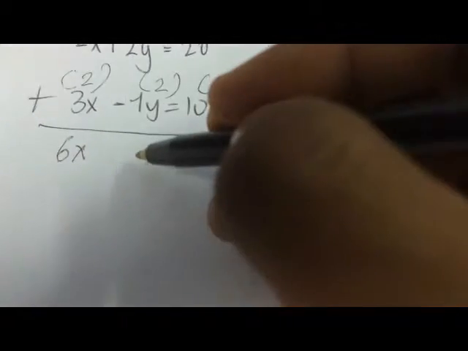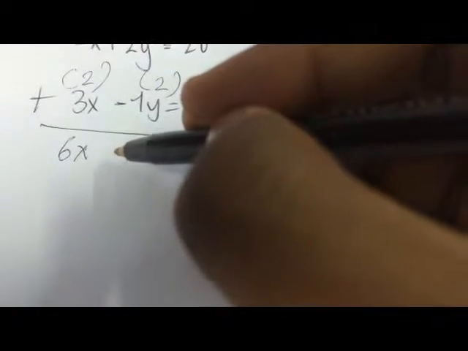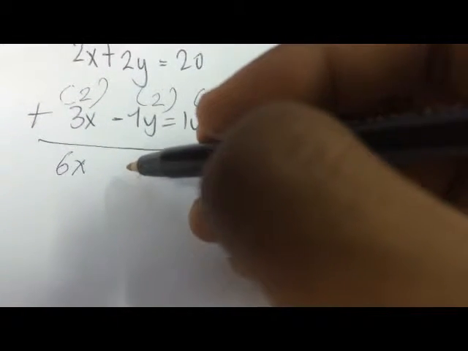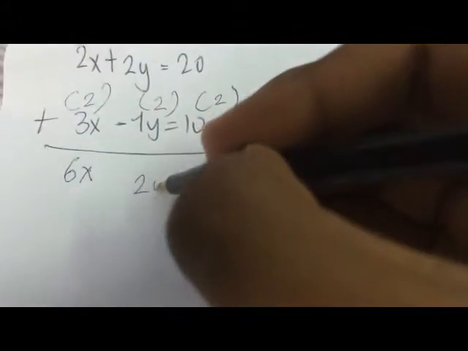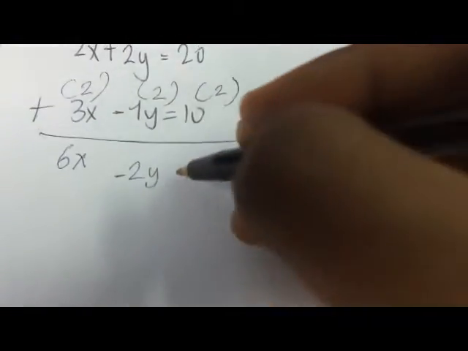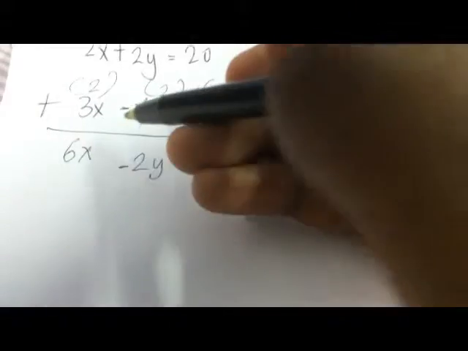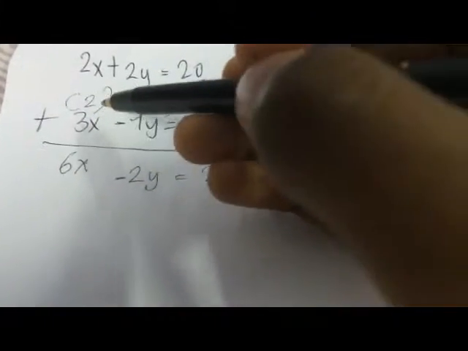So 3x times 2 equals 6x, and 2 times 1y equals 2y equals 20, because 10 times 2 is 20. So now we have to add them, 6x plus 2x.